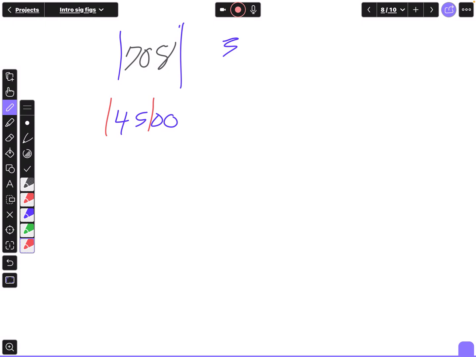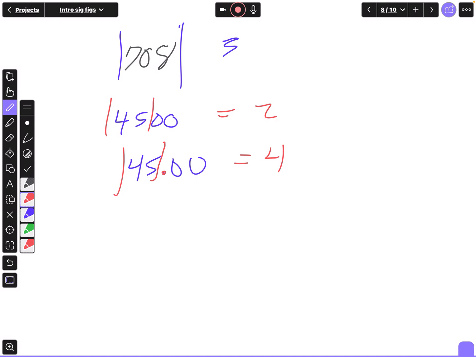There's no decimal in there, so that would just be 2 significant figures. Now if we look at that same number though, and say we had 45.00, I do the same thing again. I'll put my lines, first non-zero number, and then after the last non-zero number. Now I look, and zeros that come after are significant only if there's a decimal. There is a decimal in that number, so those zeros would be considered significant. So that would be 4 significant figures.